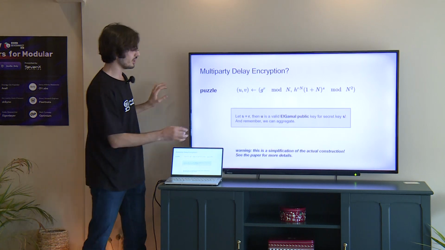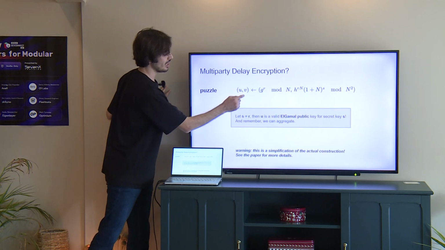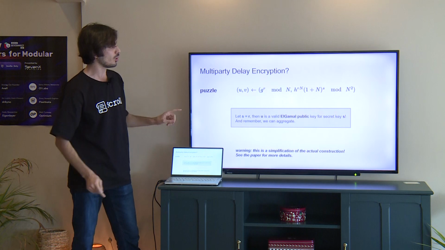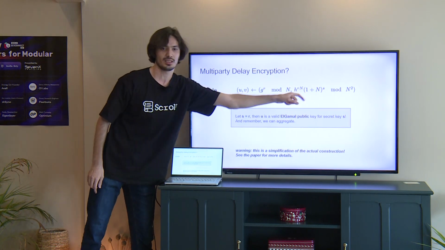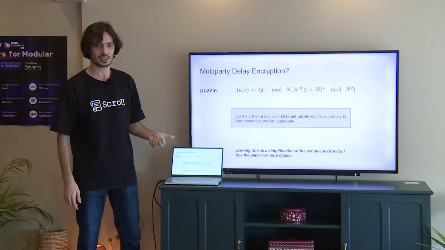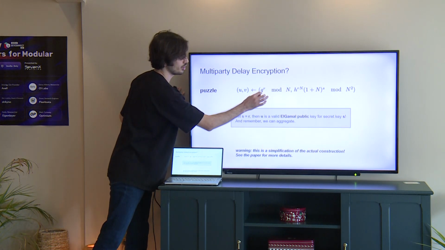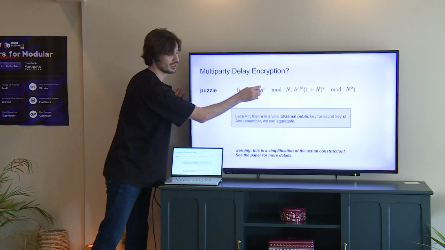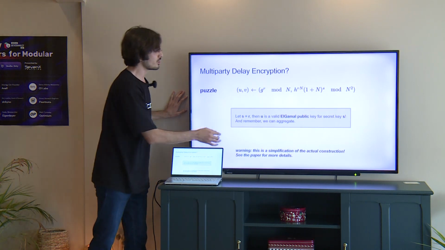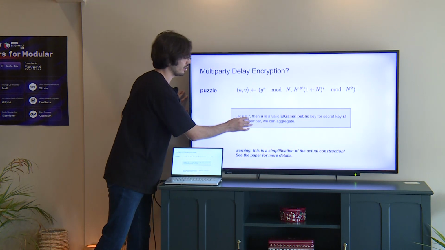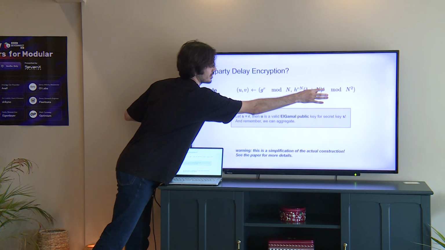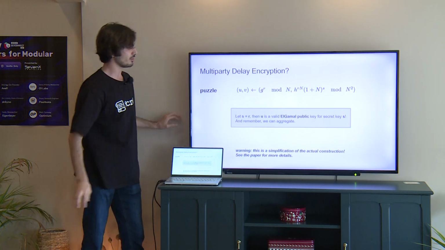So U is a public key, and V is a puzzle that holds the secret key corresponding to this L-gamma public key. L-gamma public keys are like G to the R mod N, where R would be the private key. So if we set S and R equal to the same thing, it means that what's inside the puzzle is equal to the randomness of the puzzle.